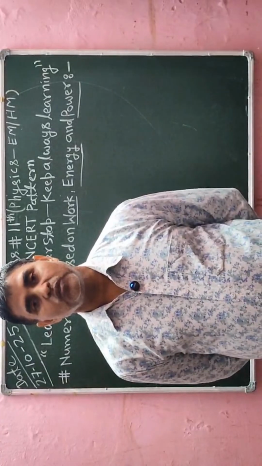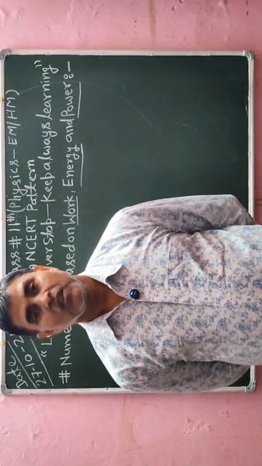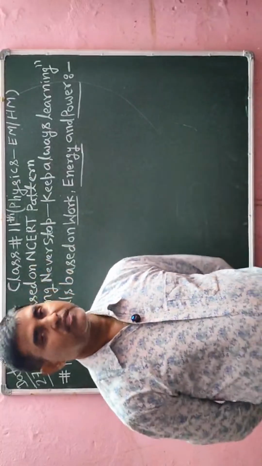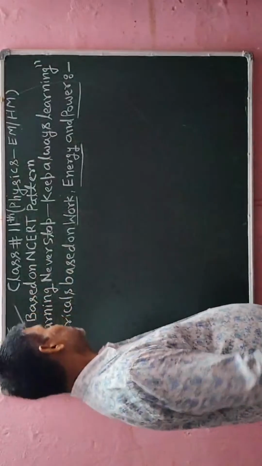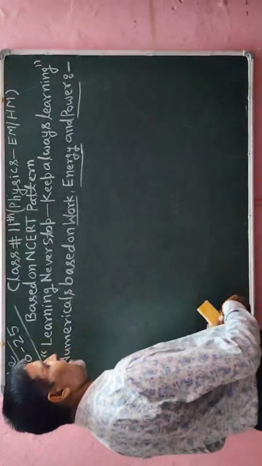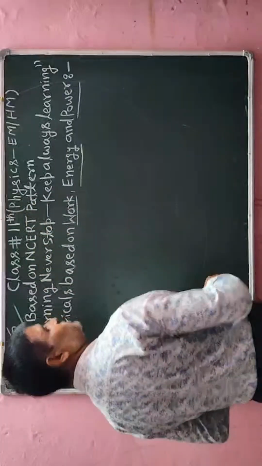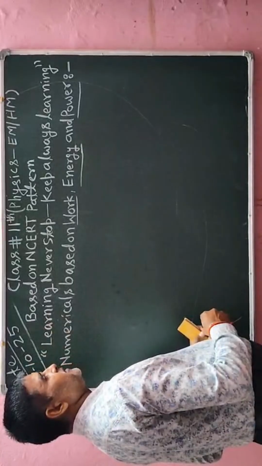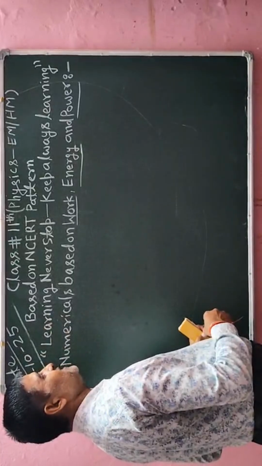I am going to explain some numericals and also its concept on this topic. Topic name is work, energy and power. This is class 11 physics and it is based on two mediums, English medium and Hindi medium.